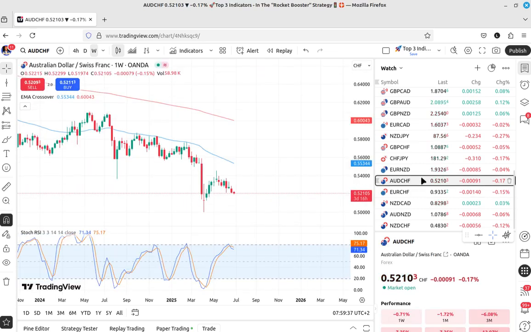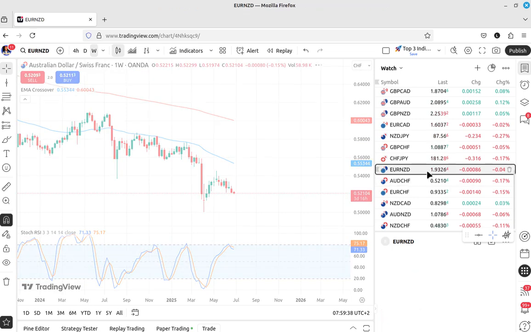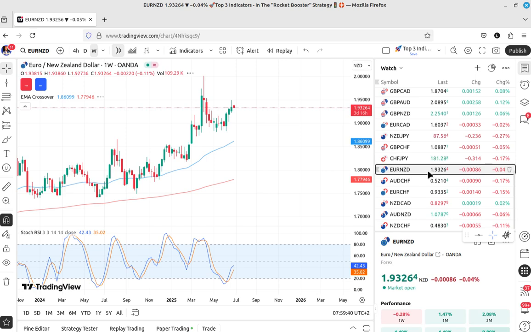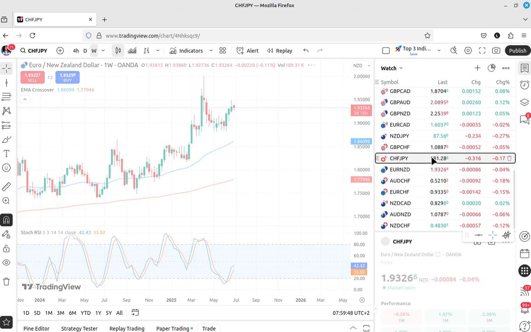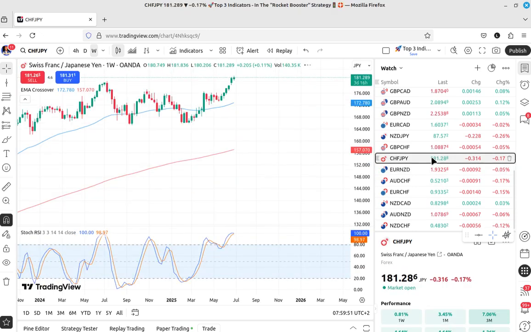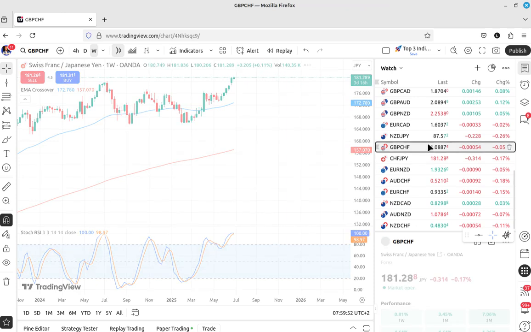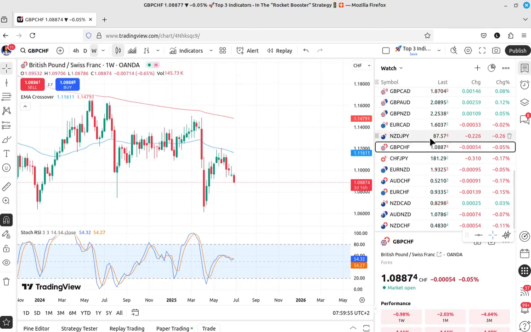Most of them are good reversals that haven't yet fully developed. This is a good candidate. So basically, we're just looking for a reversal on the week. Reversal or breakout, one of the two.